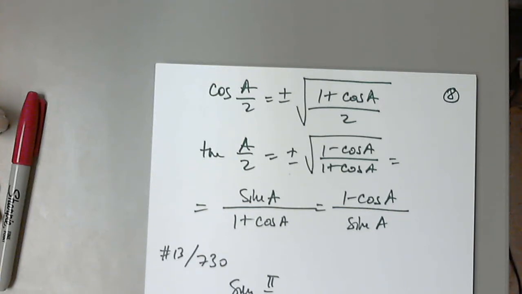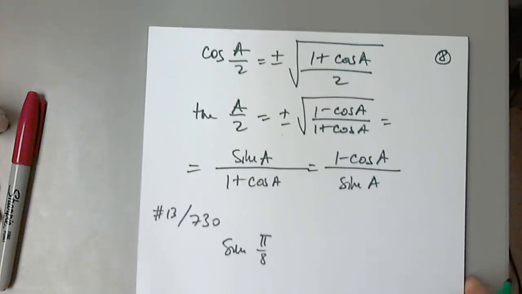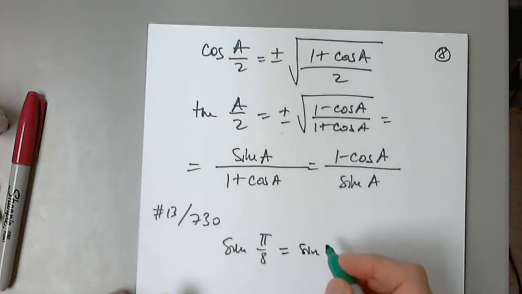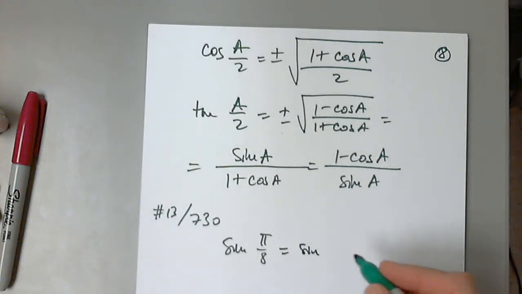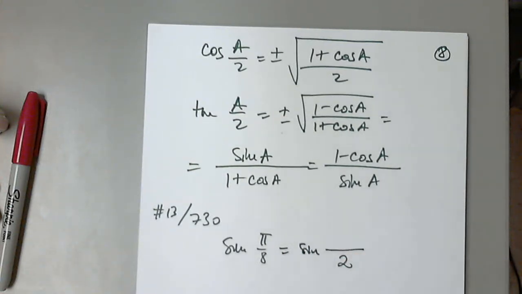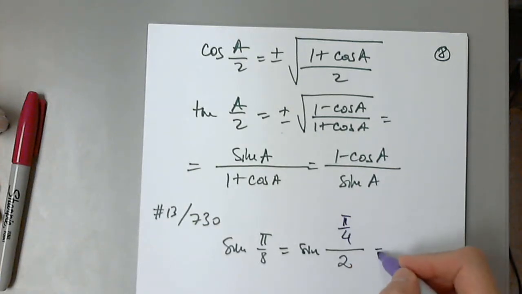So I'm thinking that since they are mentioning using the half angles, maybe I can do this: something over 2 is pi over 8. And that something is, I'm hoping, something I know everything about. So what could that be? Exactly, pi over 4.